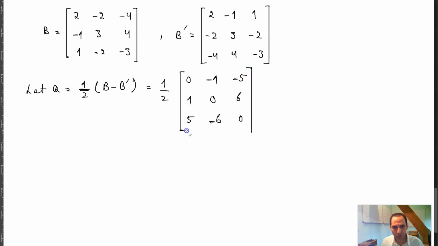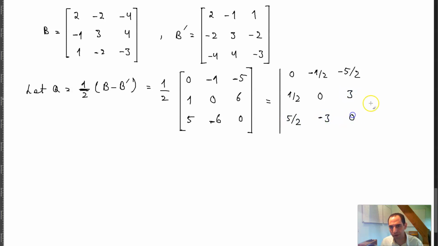And if I multiply 1/2 by this, I will get 0, -1/2, -5/2, 1/2, 0, 6/2 is equal to 3, 5/2, -3, and 0.